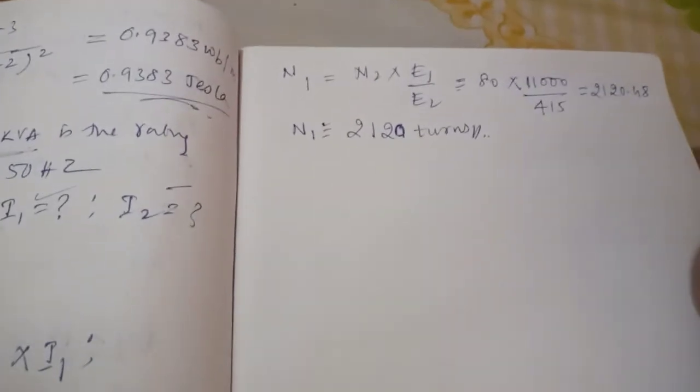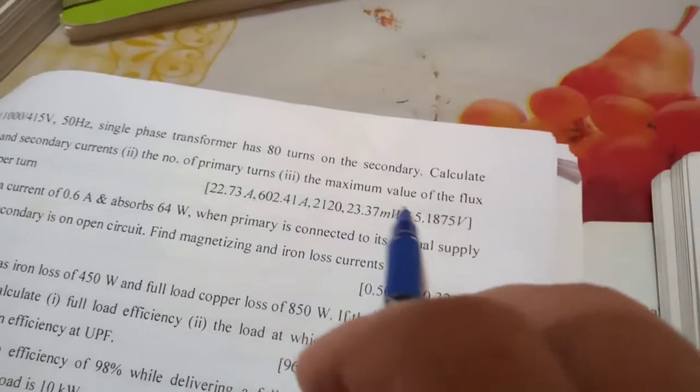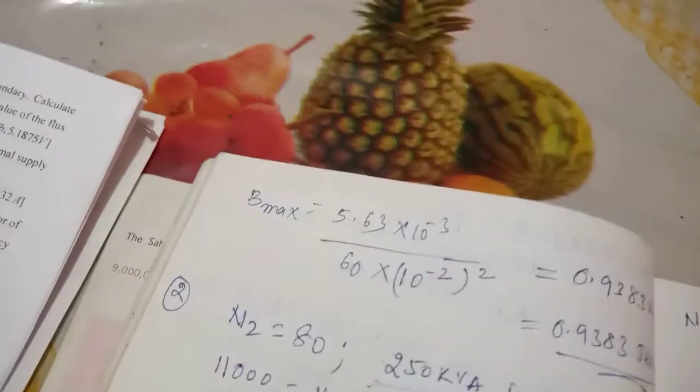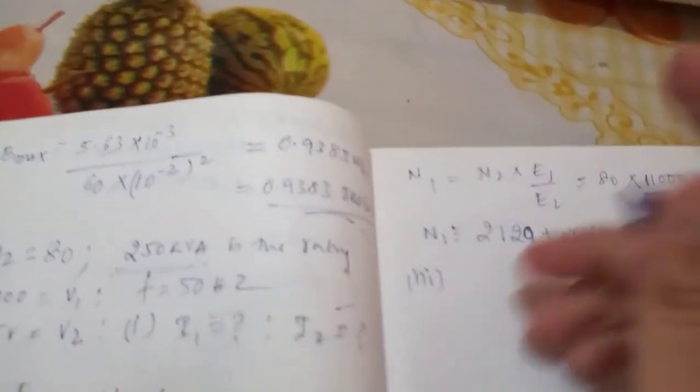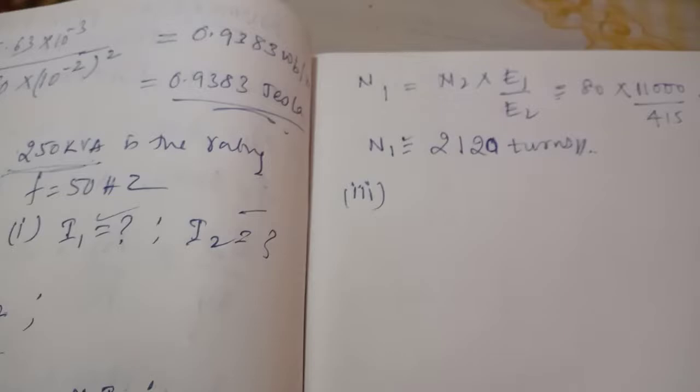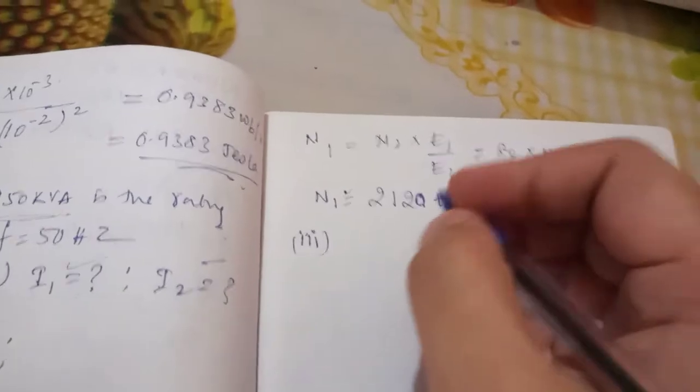So next, the maximum value of the flux you have to calculate. Number 3, maximum value of the flux. If it comes, your mind should strike the EMF equation, applied to either primary or secondary. Usually I will take it for primary.